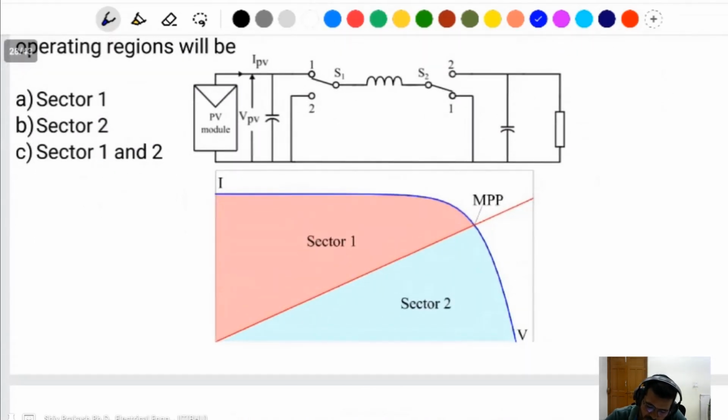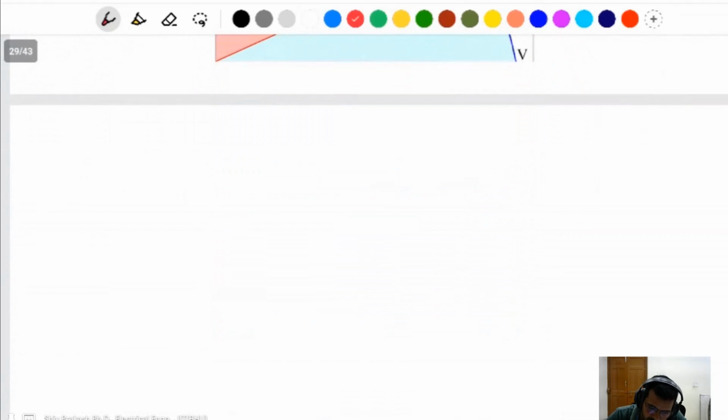From this circuit, if the switch is on at position 1, then current flows through the inductor, and the capacitor, which was previously charged, will supply the output resistance. This will be the output current, this will be IC, with R naught and V naught, VPV, IPV. Written as Q is on and the switch is on.